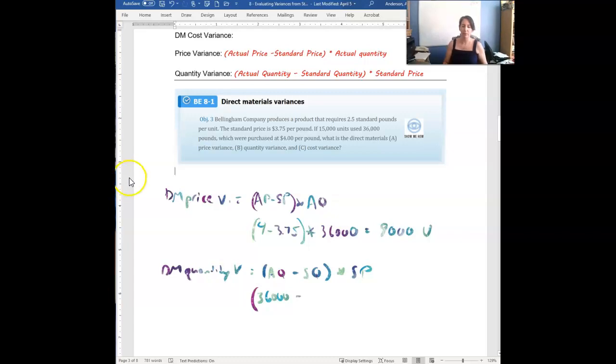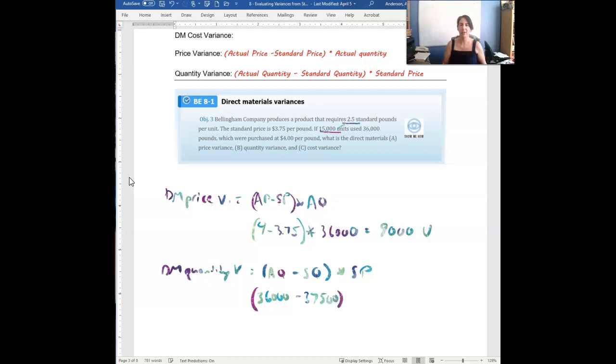And the standard quantity. Okay, so that's where you have to do a little bit of work here. The standard quantity is how much would you have expected to use? If we made 15,000 units and we expected 2.5 standard pounds per unit, I'm going to multiply these two. 15,000 times 2.5 comes out to be 37,500 pounds.